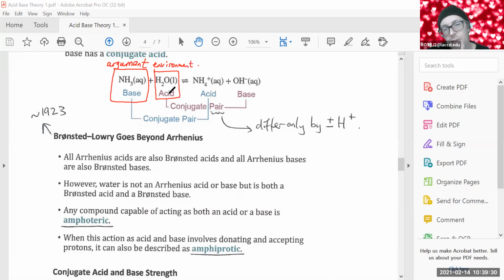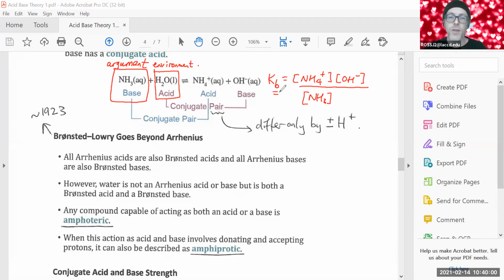So yes, I have an acid and a base, but my argument is a base. Therefore, I would have a base dissociation constant, which is NH4 plus OH minus. I ignore water because it's a liquid, and I have NH3. So I have a base argument.